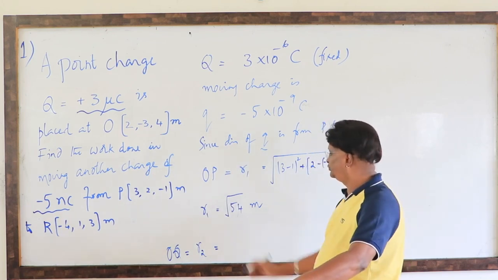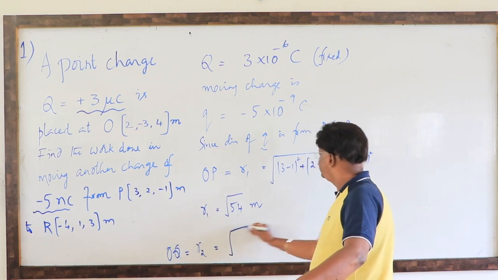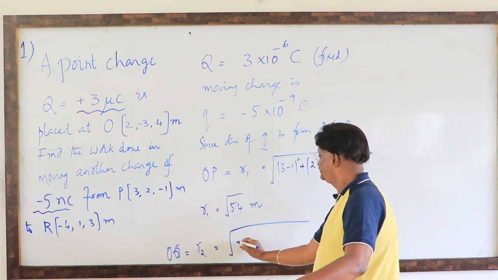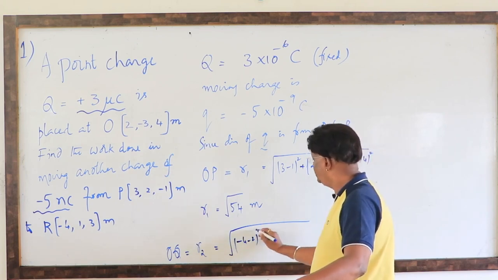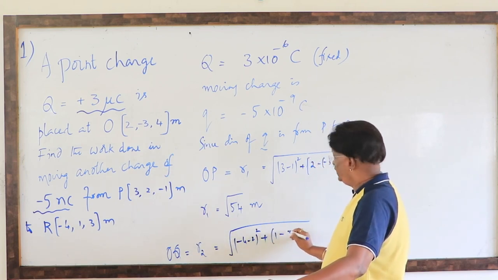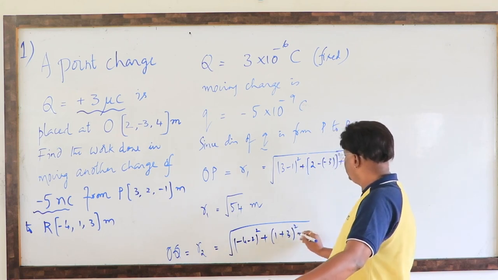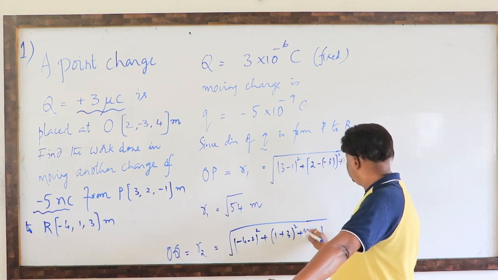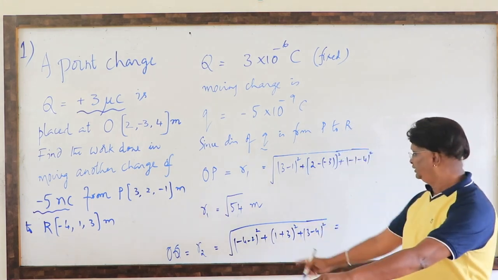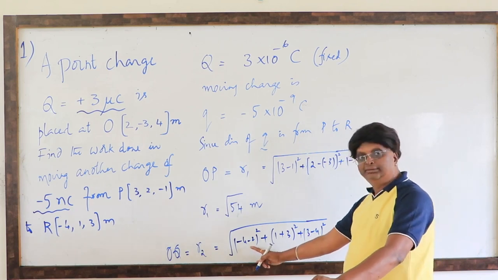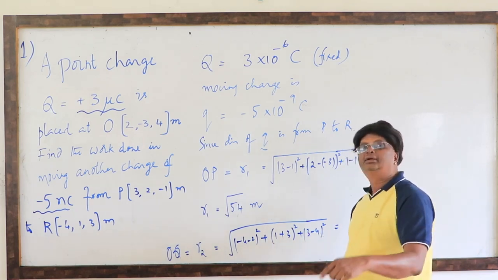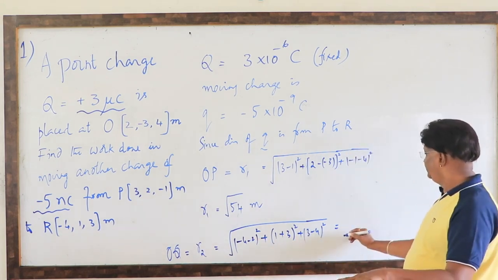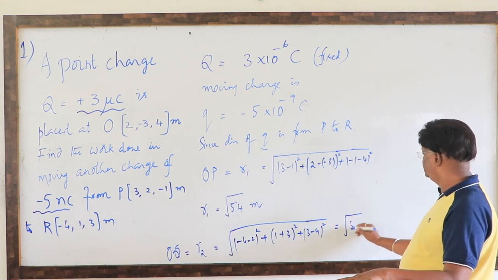And similarly, OQ is given by under root, minus 4 of minus 2, that is minus 4 minus 2 squared, plus 1 minus of minus 3 plus 3 squared, plus z2 minus z1, 3 minus 4 squared, which will be around, so this is 36, this is 16, therefore it is 52, and 52 plus 1 is 55.